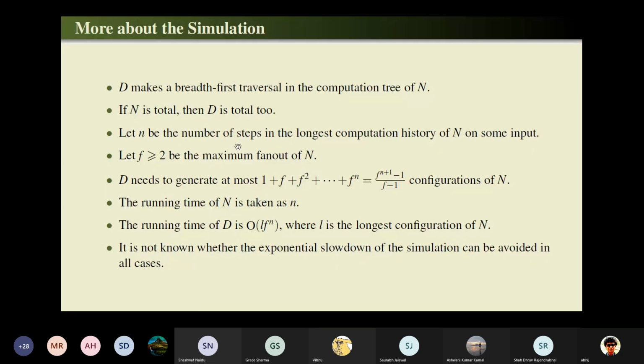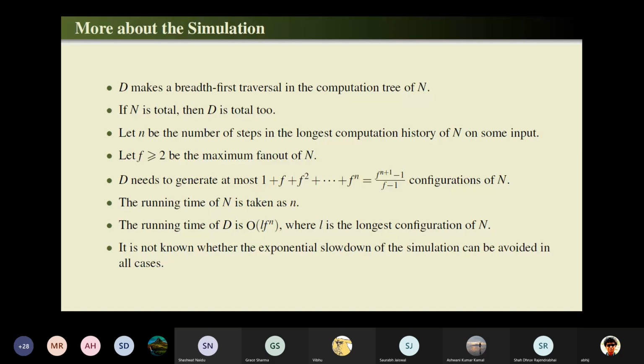And if n is the number of steps in the longest computation history of N on some input, so I am restricting to total Turing machines. If n is the maximum number of steps, then what is the running time of this breadth first search?